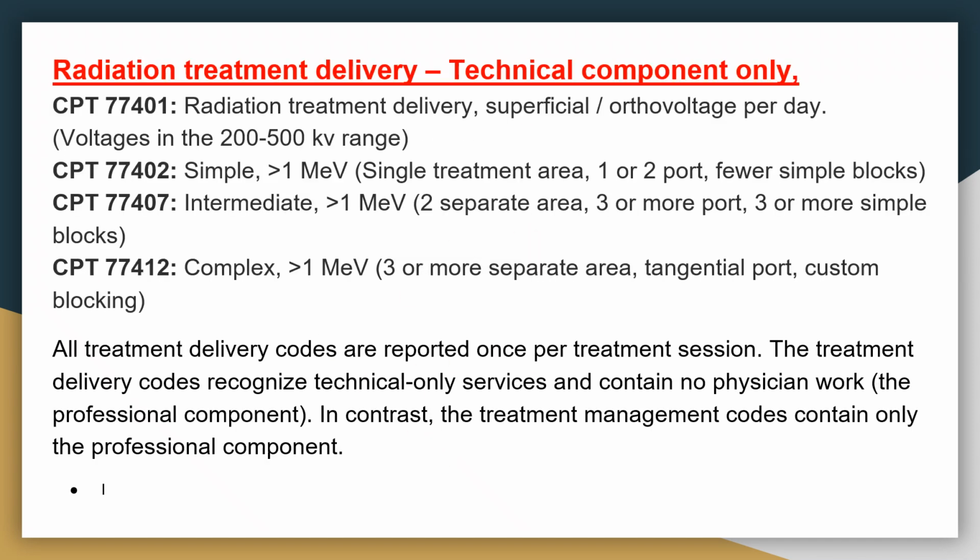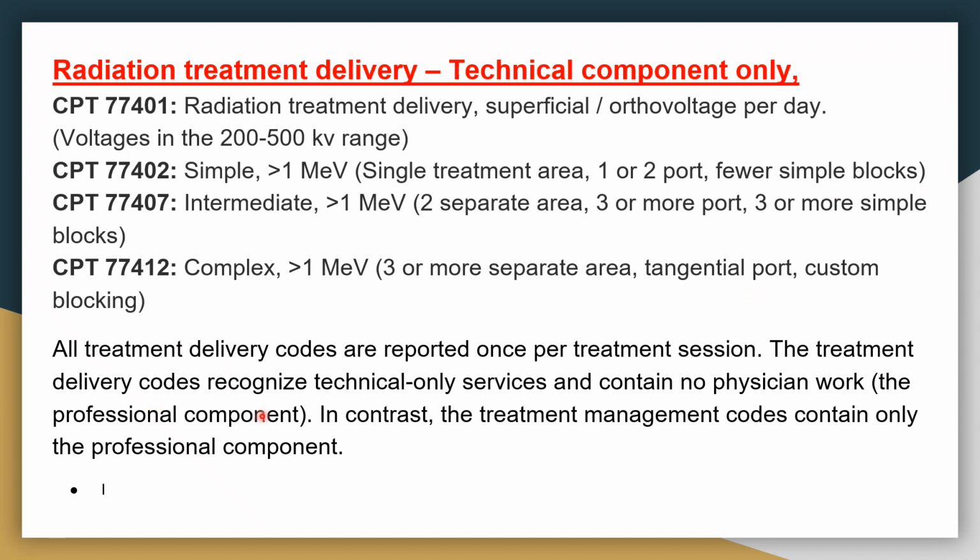Now let us look at the radiation treatment delivery. These are mainly the technical component codes only, and if you see the code language, they also talk about simple, intermediate, and complex, more than 1 MeV, the radiation dosages, and the code differs depending upon the number of areas and then the ports and the blocks.